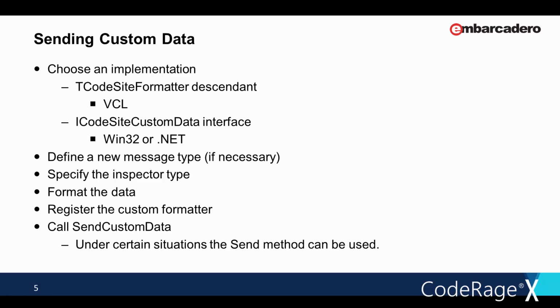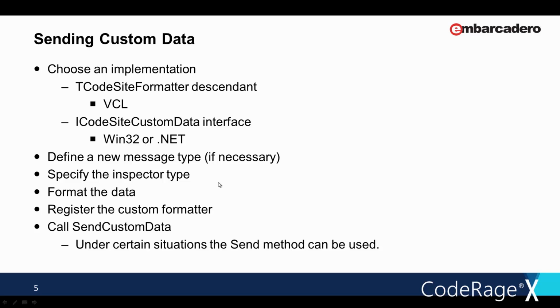There is no data set record, for example, that I can apply an interface to, so the CodeSite formatter descendant works really well for that. However, there are situations where I've got a class, and I want to extend it to tell CodeSite, if you are dealing with this particular class, the interface implementation will describe how it gets presented. So either way, the steps that follow are pretty much the same.